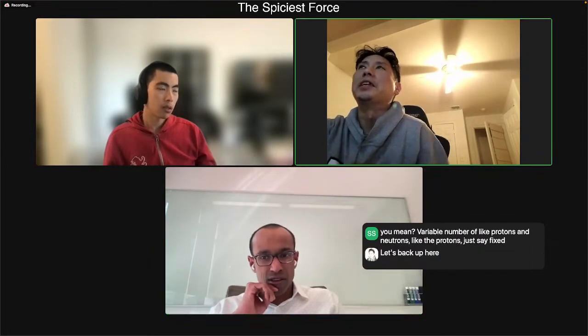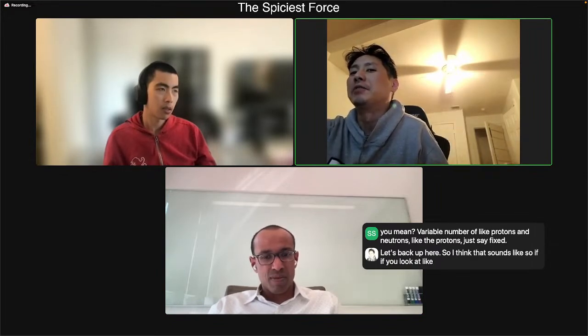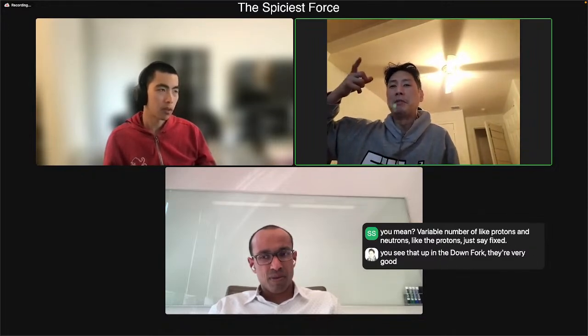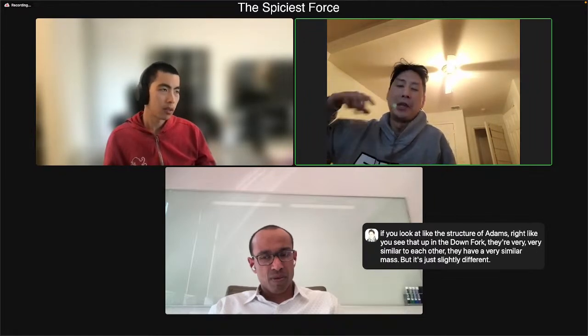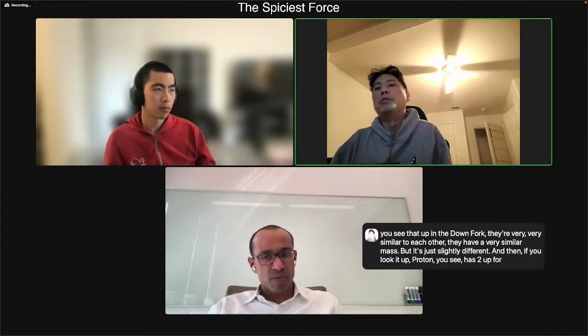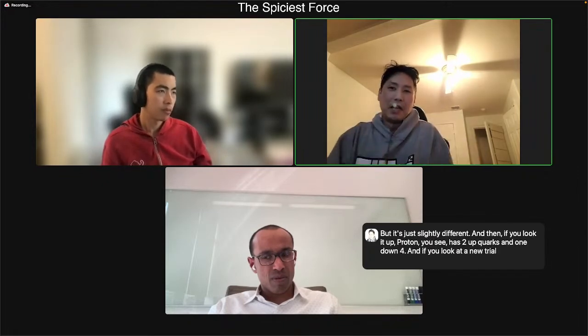Let's back up here. If you look at the structure of atoms, you see that the up and the down quark are very similar to each other. They have a very similar mass, but it's slightly different. If you look at a proton, it has 2 up quarks and 1 down quark, and a neutron has 2 down quarks and 1 up quark.